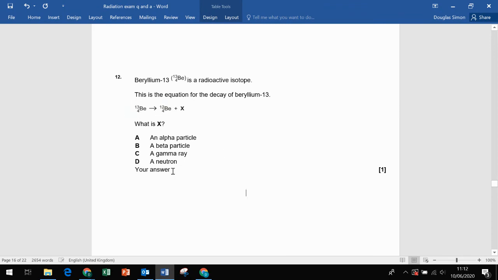So, what particle has 1, 0? Well, an alpha particle is 4, 2, so it can't be an alpha particle. A beta particle is 0, minus 1, so it can't be a beta particle. A gamma ray is 0, 0. A neutron is 1, 0, because remember the top is the mass number, protons and neutrons. The bottom is protons only, so it has to be a neutron. So it's quite a sneaky question, that, but they could ask it.